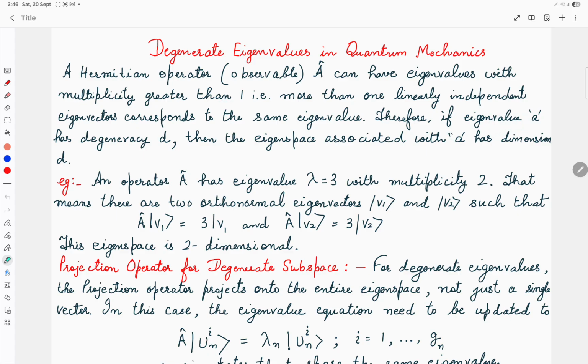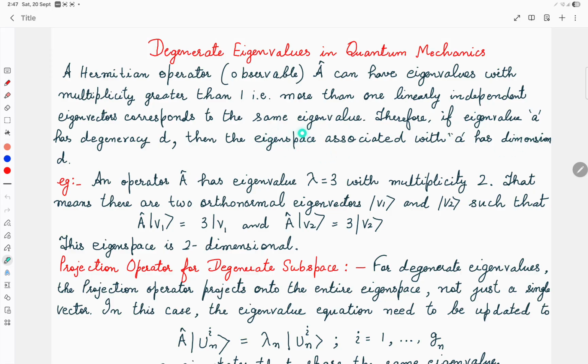Therefore, let us consider you have an eigenvalue A and it has degeneracy D. That means D eigenvectors are associated with this single eigenvalue. We will say that this degeneracy of D, meaning D eigenvectors, will form an eigenspace associated with this eigenvalue A, and this eigenspace will have dimension D.